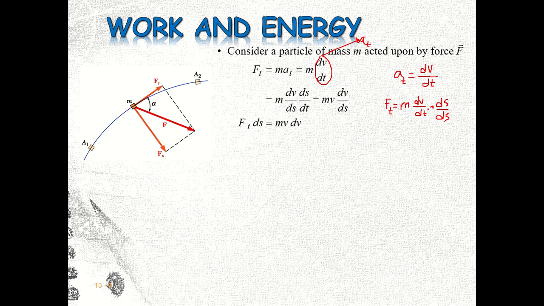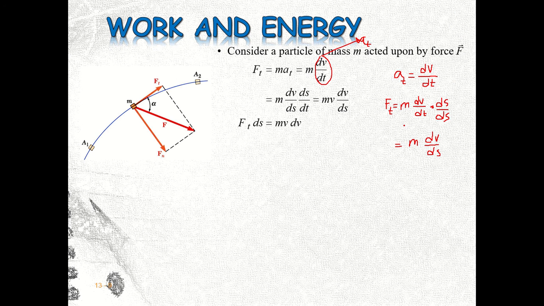So it seems that nothing happens. But if we multiply this by ds over ds and then rearrange, we have m times dv, and divide this by ds.